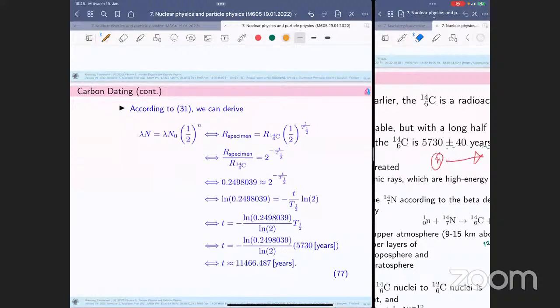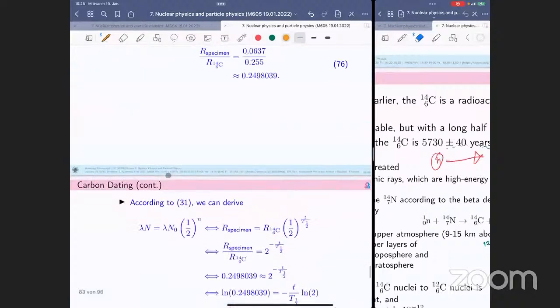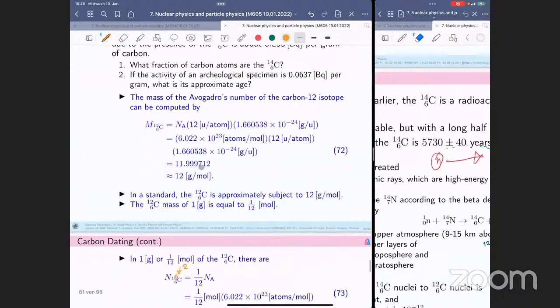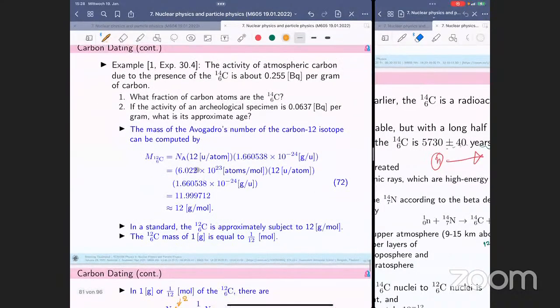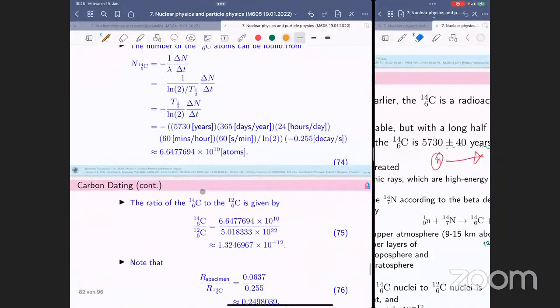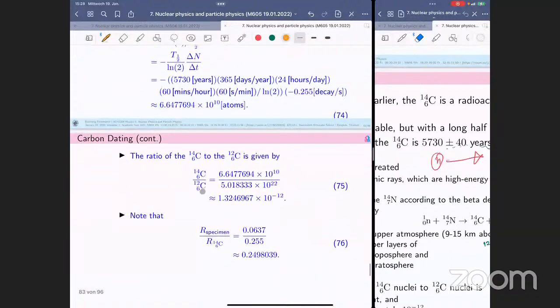Scientists or physicists use this idea to find the date, to find the age of an object, based on the number of carbon 14 particles, atoms or nuclei. All right.